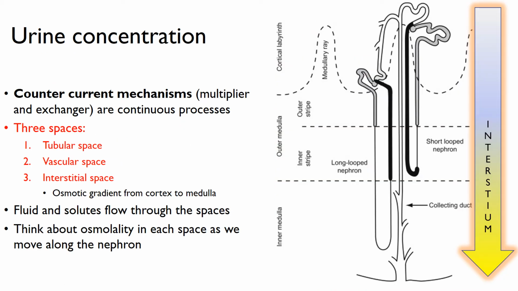As we transition into discussing the mechanisms by which urine is concentrated, we're going to be talking about two types of mechanisms, called the countercurrent mechanisms, specifically the countercurrent multiplier and countercurrent exchanger. They're sometimes written as CCM and CCE. They are continuously ongoing processes, so it's not like they have a start and a stop time.